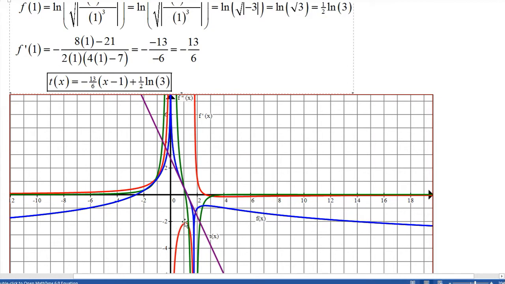We have a maximum at the derivative right here where the inflection point is in the original function and a 0 on the second derivative. The second derivative is positive over here, and so we see the function is all concave up in this last piece on the far left, and the derivative is positive over there, so the function is increasing. This piece in the middle here, the derivative is negative down here, and so we see the original function is decreasing between the two asymptotes here.